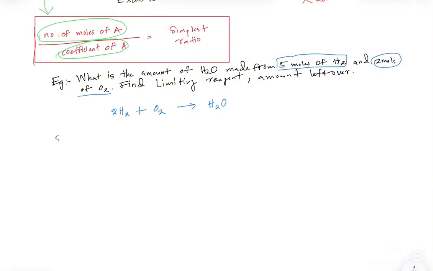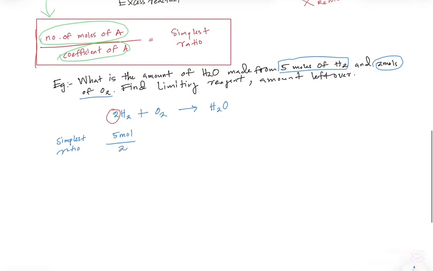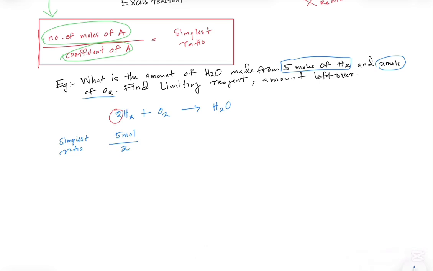To find the simplest ratio, we have to divide the moles by the coefficient. Here 5 divided by 2 gives 2.5, and 2 mole divided by 1 gives 2. So the simplest ratio is 2.